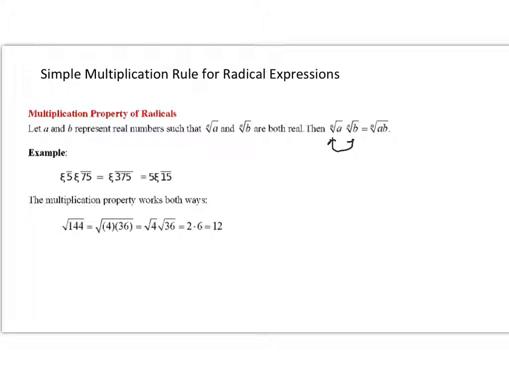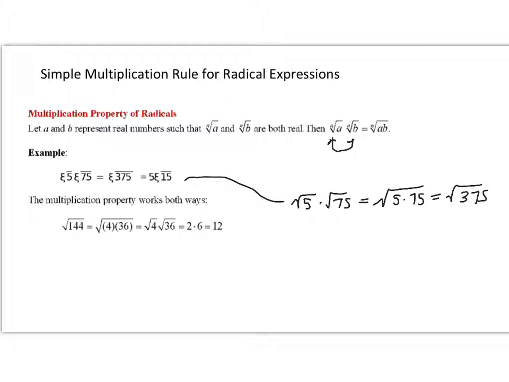For example, if I had the square root of 5 times the square root of 75, I could write the square root of 5 times 75, which is equal to the square root of 375.